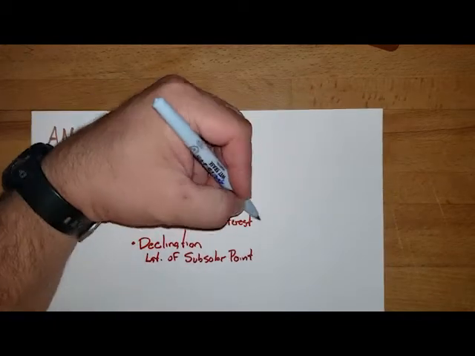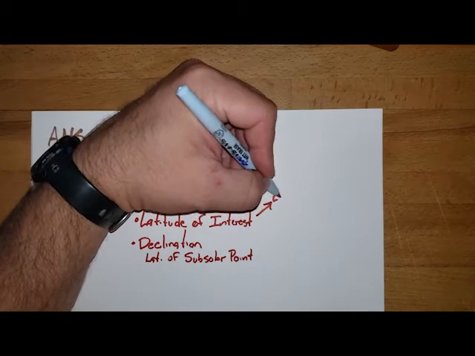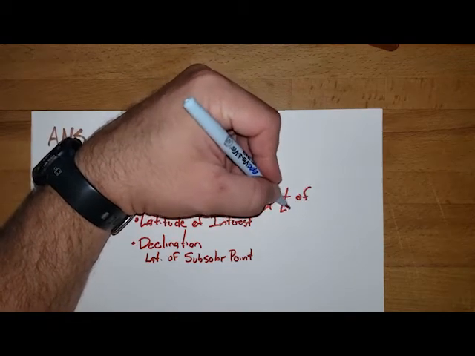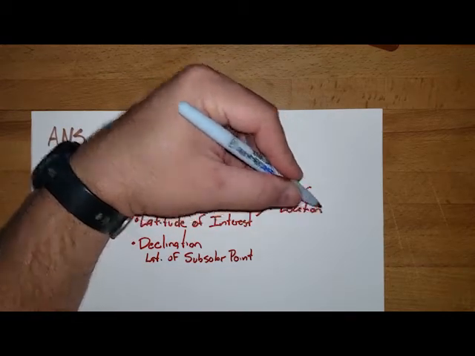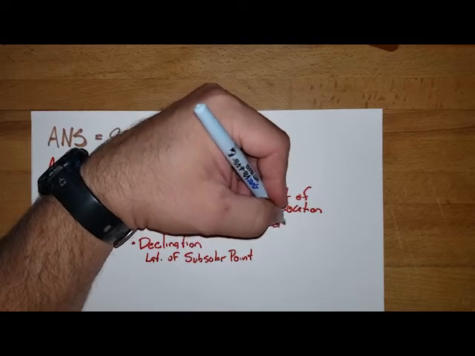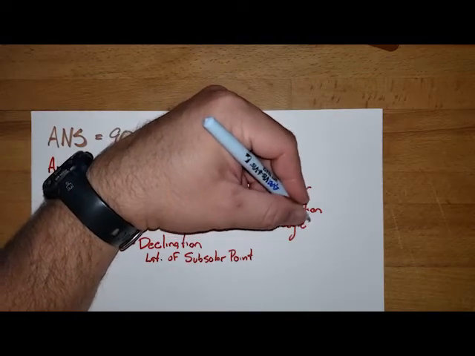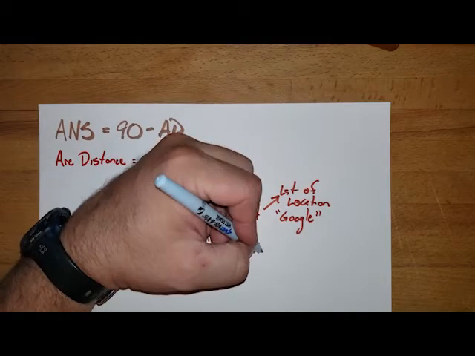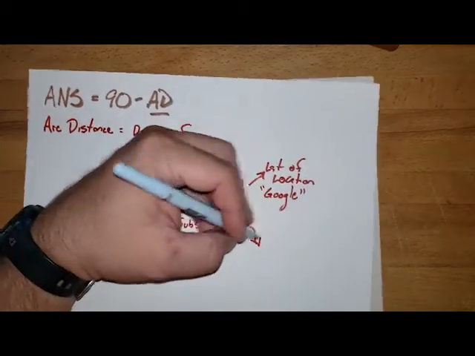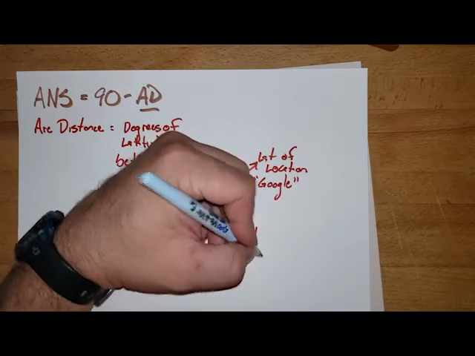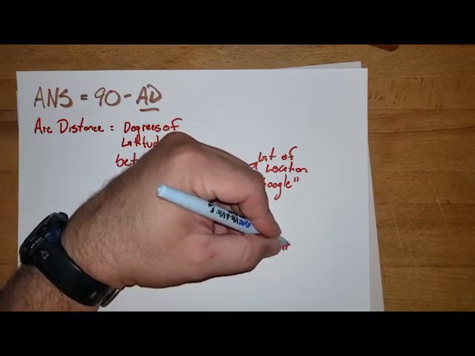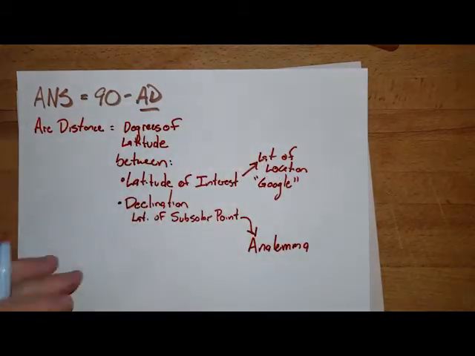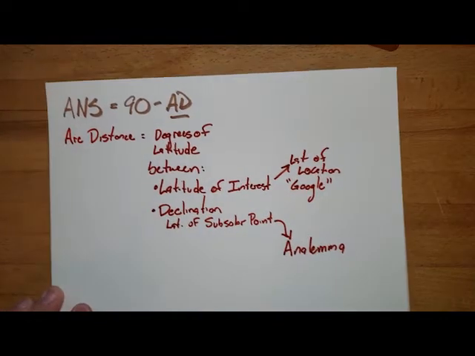This is going to be the latitude of whatever the location is, and for that, we will ask Google. And the declination we get from the wonderful instrument of the analemma. The analemma is going to tell us where the subsolar point is.